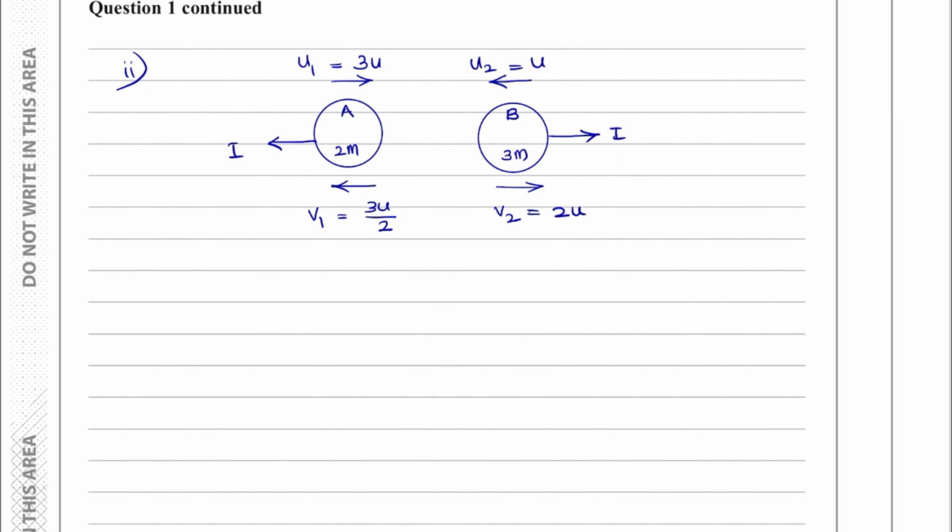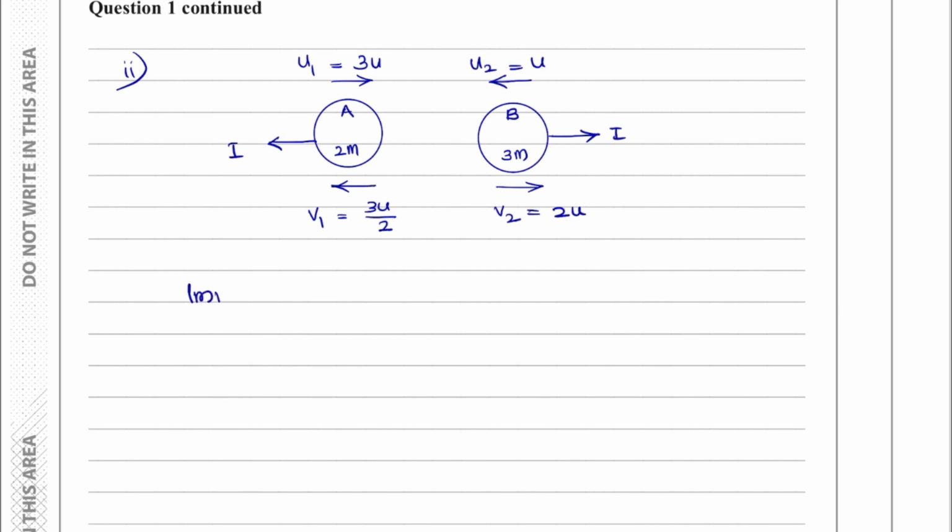We can take any particle to find the impulse, because the impulse acting on particle A and particle B are the same. So I am going to take particle A.